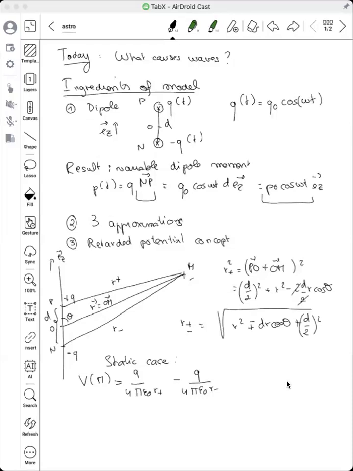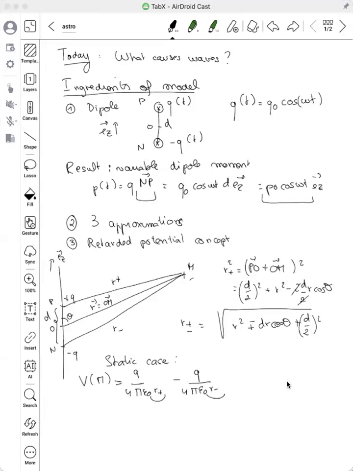And then we developed r plus and r minus, and we neglected all kinds of terms, and we went from this to the dipole approximation, to the multipolar development.